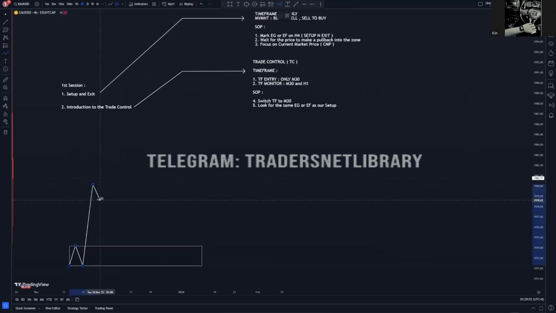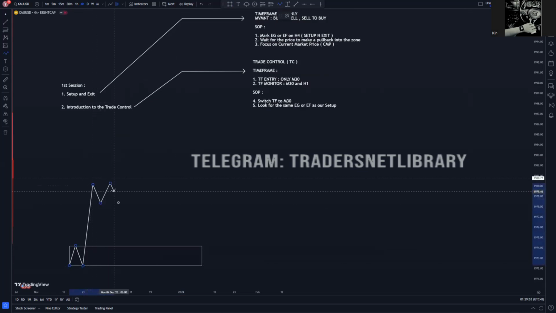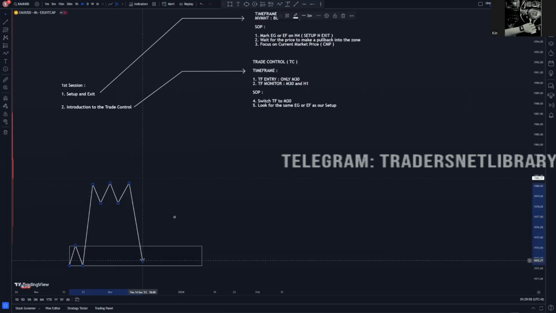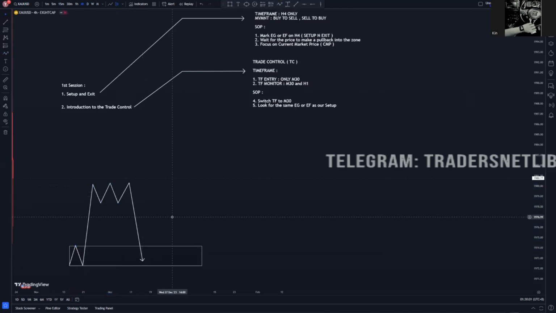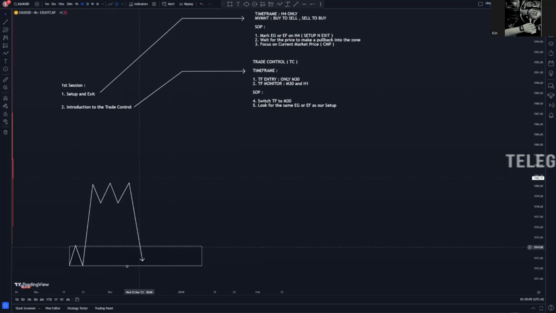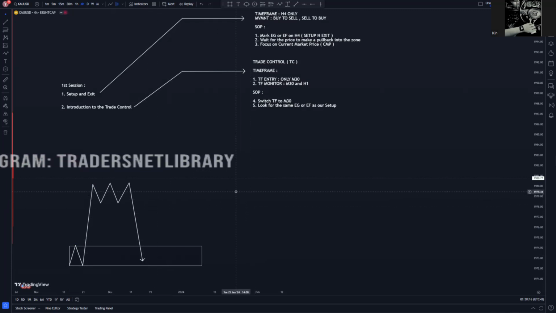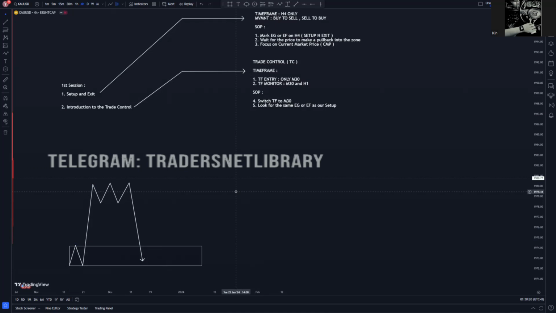When the price makes a pullback and gets into the zone, and after we focus on the current market price, what is the next step? Right over here, we need to switch or change the time frame from H4 to M30.